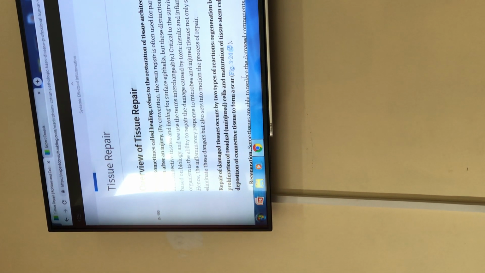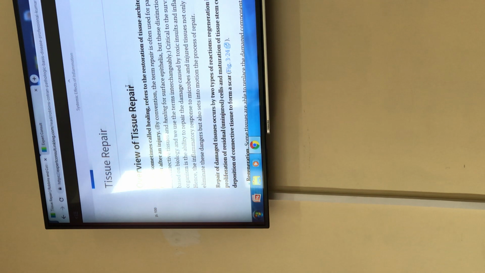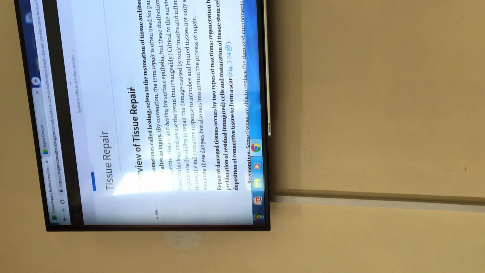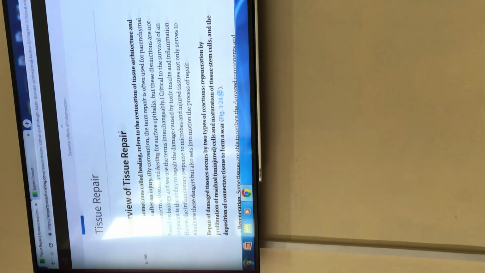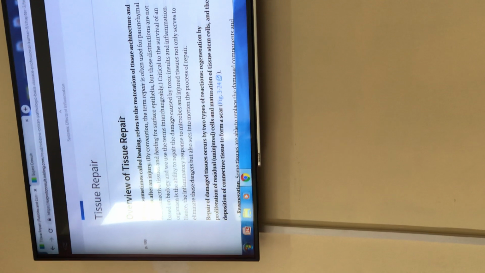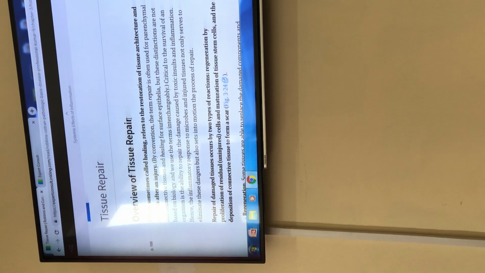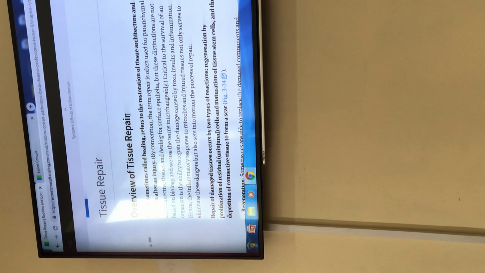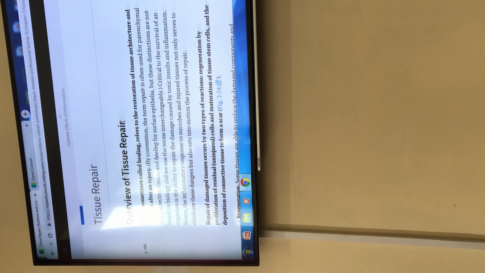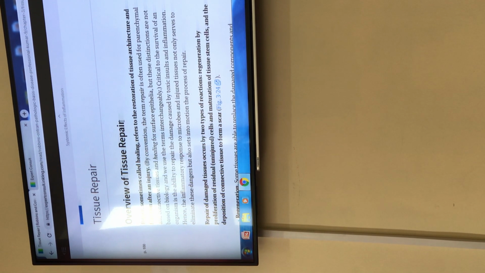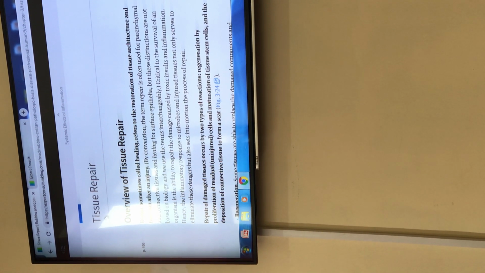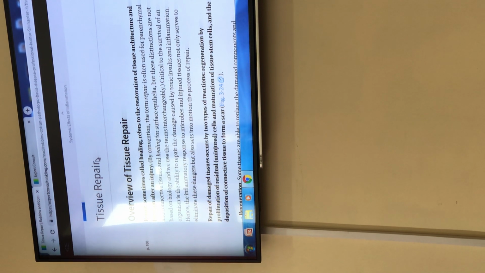And what is repair? So a chronic inflammation should be repaired. If there is a chronic inflammation such as an ulceration in the skin or in the stomach, which is called peptic ulcer, it should be repaired. So after chronic inflammation, we study tissue repair.